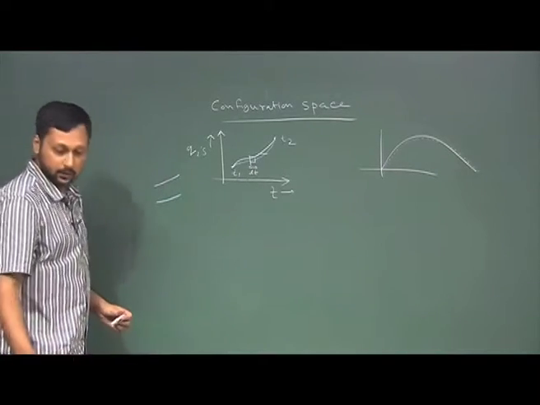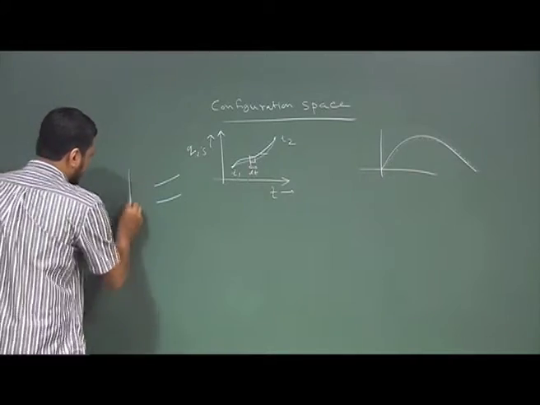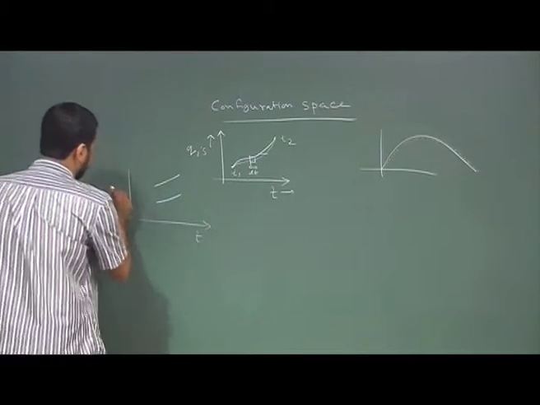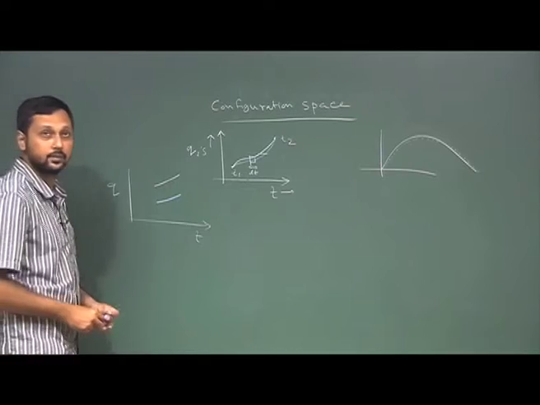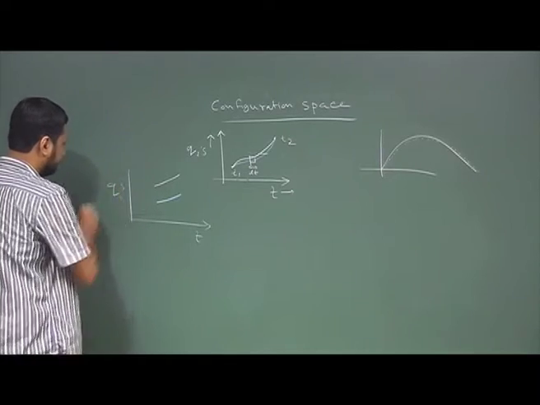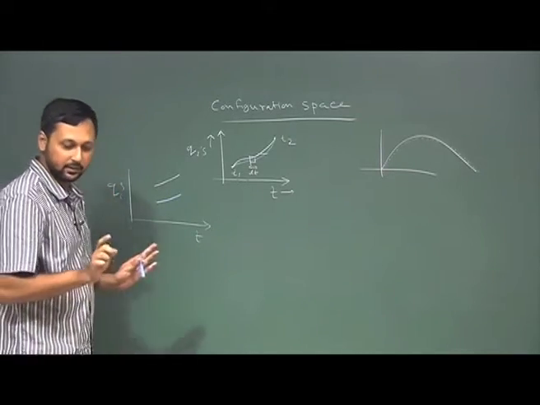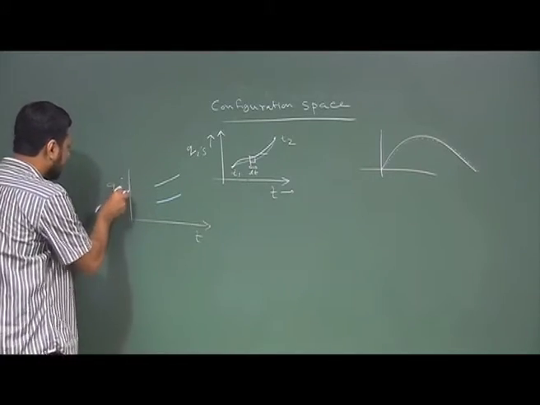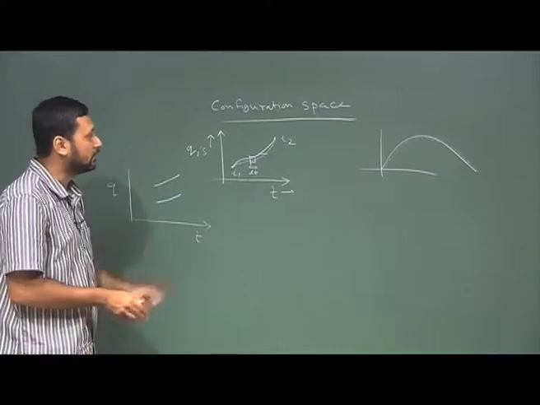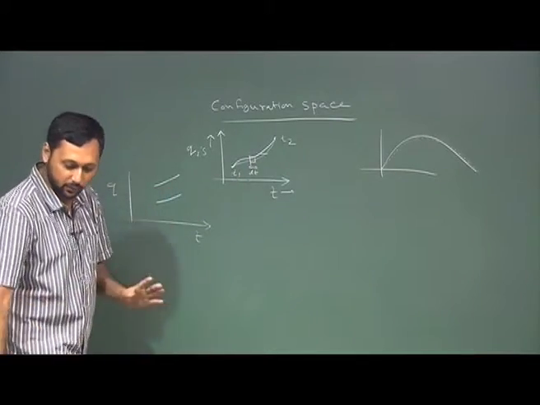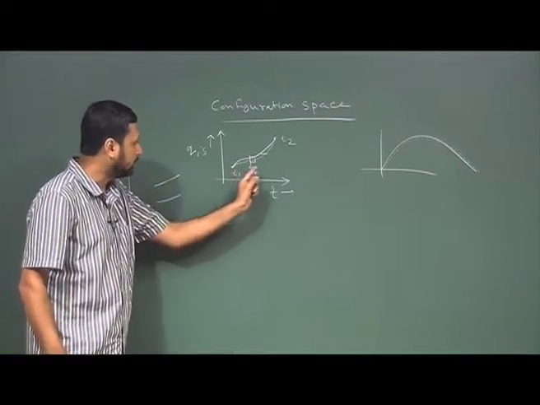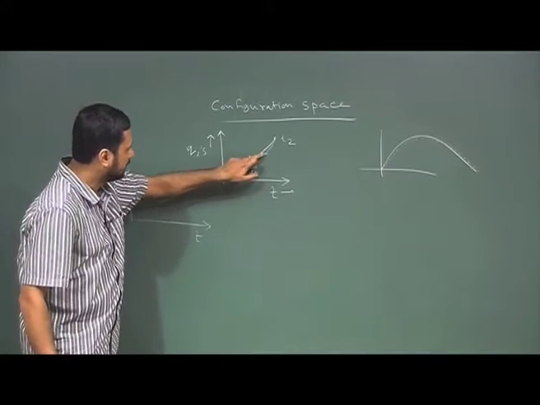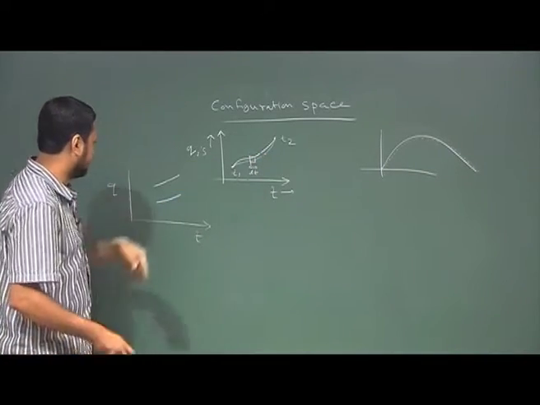Once again we have the time axis here and the q axis here. Let us assume for now that it is a one parameter system, just for simplicity. I want to demonstrate something. It is not that system, but some other system which also shows a small deviation between two trajectories.